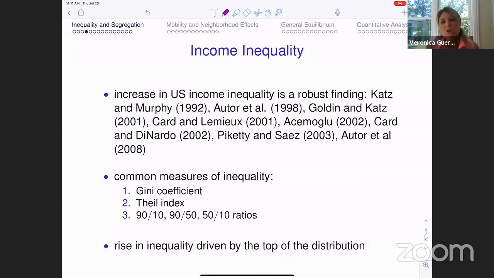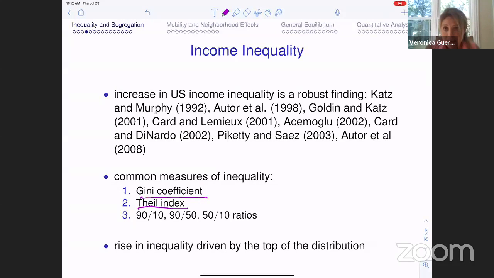So first, income inequality. Here I cite a wider list of papers measuring the rise in income inequality. What are common measures of inequality that people have been using in the literature? The Gini coefficient is probably the most used measure as a first cut to the data. The tail index is another common measure.